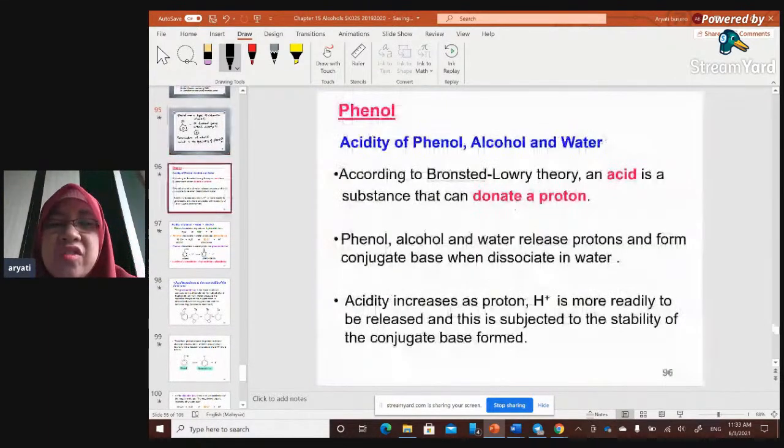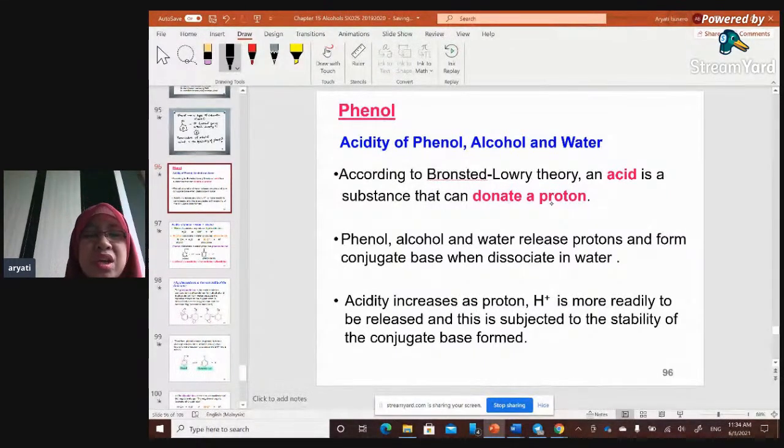So, acidity of phenol, alcohol, and water. According to Bronsted-Lowry theory, an acid is a substance that can donate a proton. Phenol, alcohol, and water release proton and form conjugate base when dissociate in water. So, acidity is increased as proton H plus is more readily released, subject to the stability of the conjugate base formed.